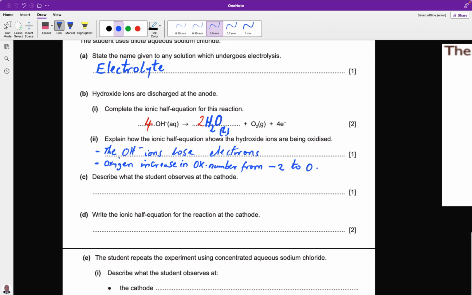Then another reason is the OH ions lose electrons, since oxidation is loss of electrons.